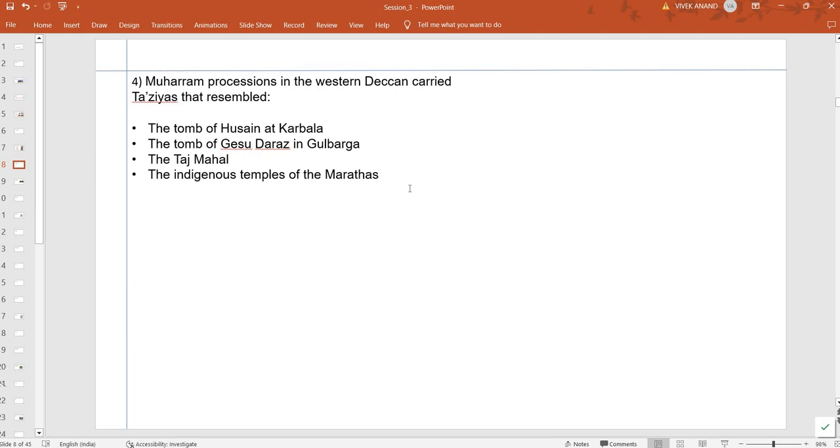If you have seen taziyas even now in Muharram procession, then I think you can tell from which style that is influenced. If you have seen and you remember the features of different styles of buildings, can anyone tell?